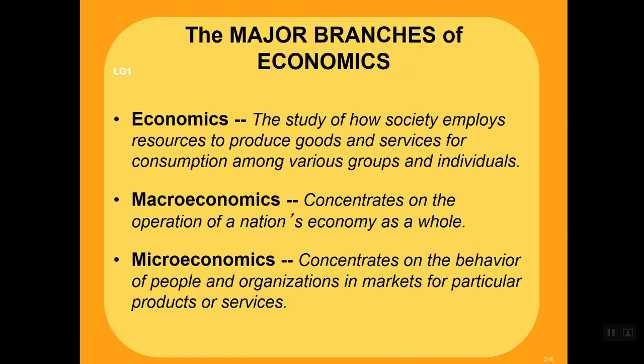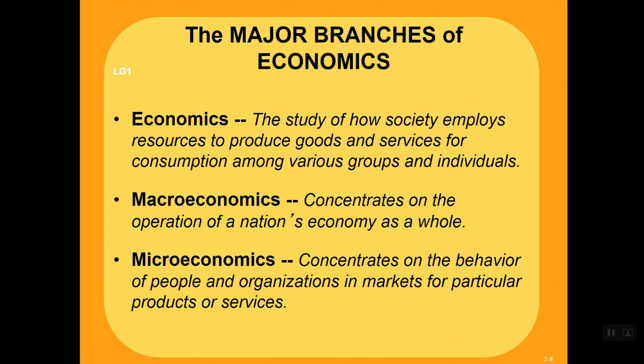There are two major branches of economics. Economics is defined as the study of how a society employs its resources to produce goods and services for consumption among various groups and individuals. When you study macroeconomics, you're concentrating on the operation of a national economy.